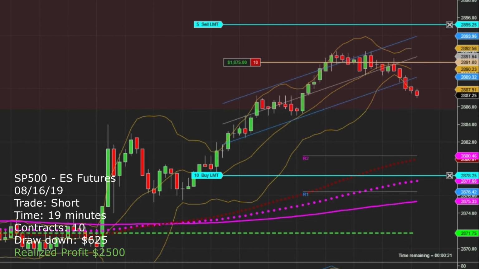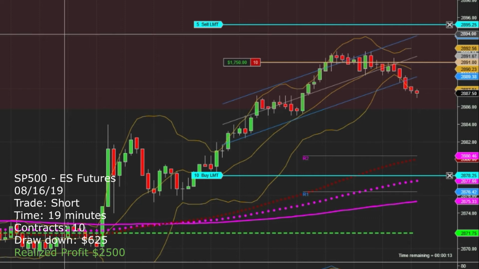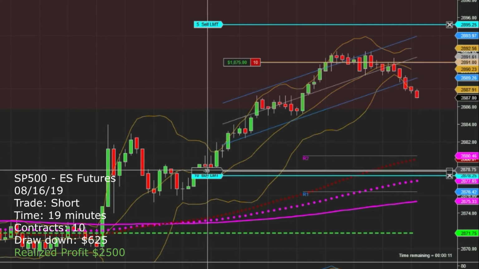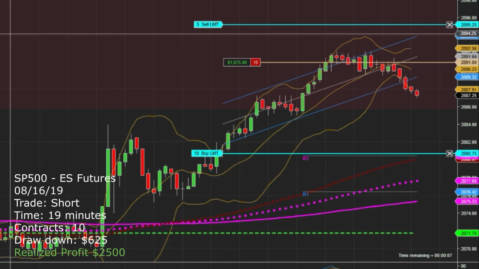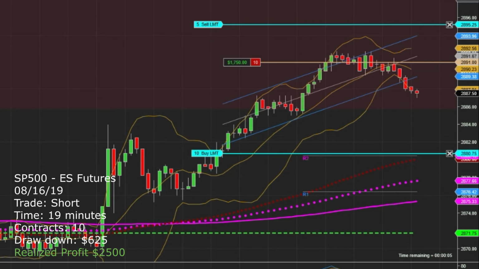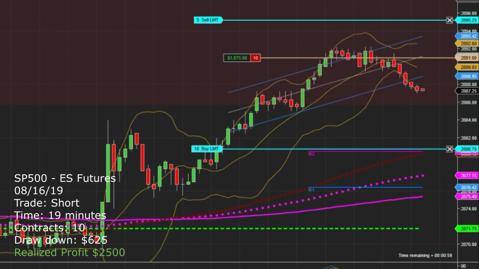Making some further progress to the downside. I'm moving up my profit target, probably move it up some more here shortly to lock in the gains with 10 contracts.